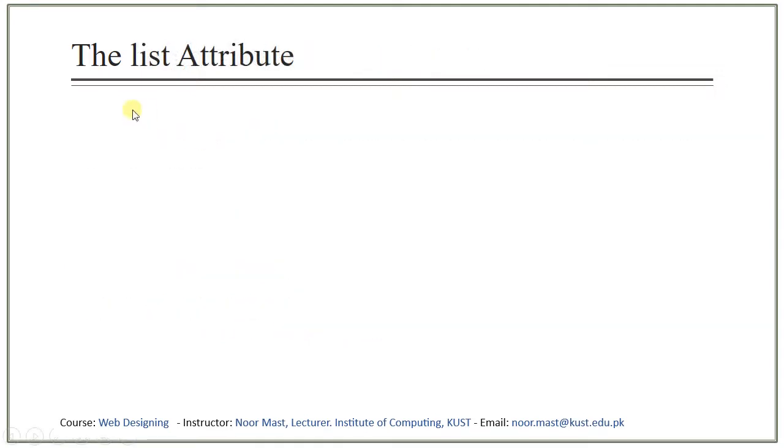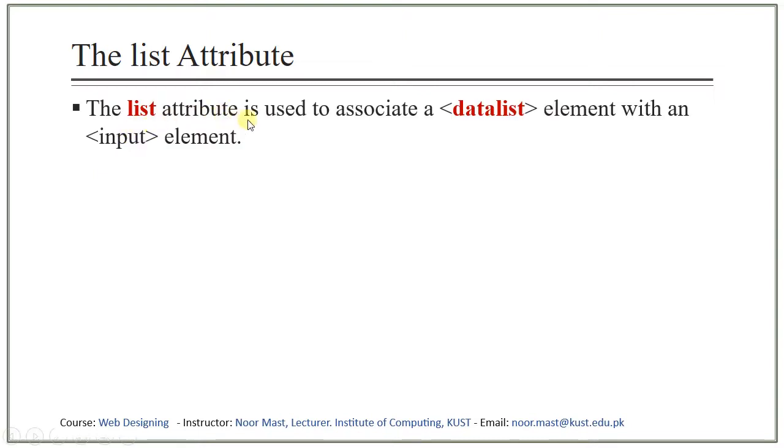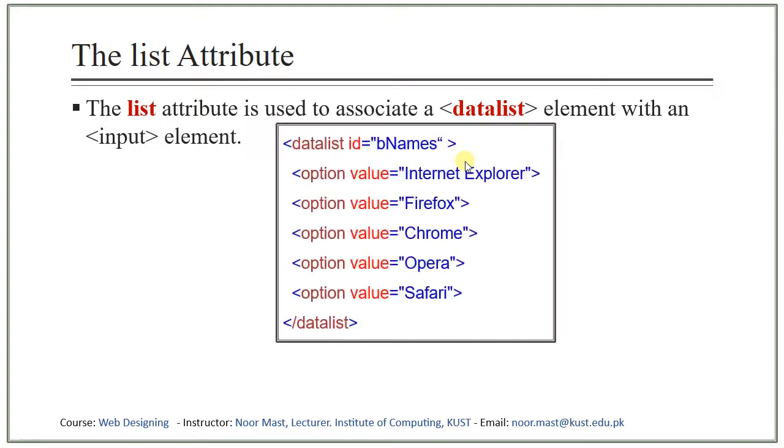The list attribute. The list attribute is used to associate a predefined list of options, that is, a data list, with an input element or control. The value of the list attribute must be the ID of the data list that we want to associate with an input element. Consider this data list.